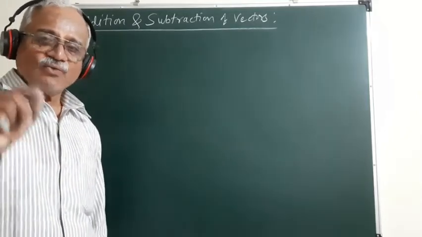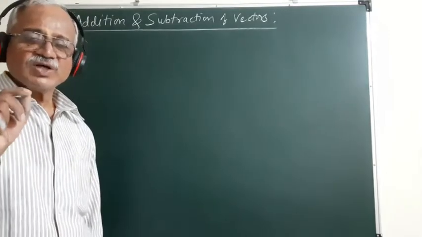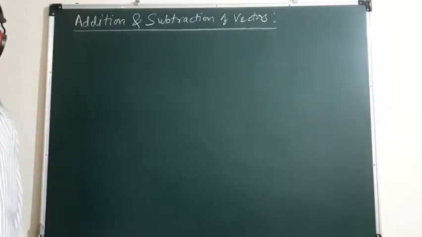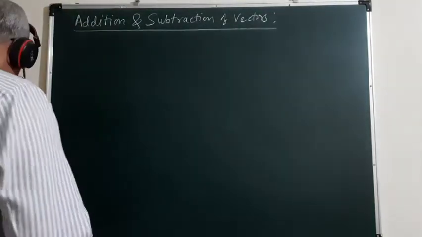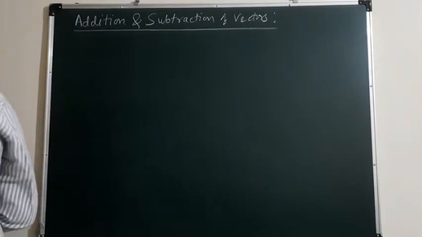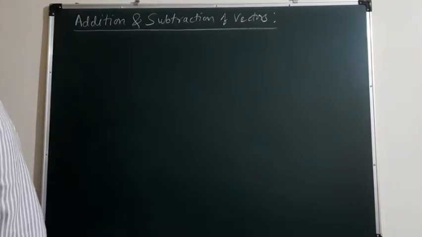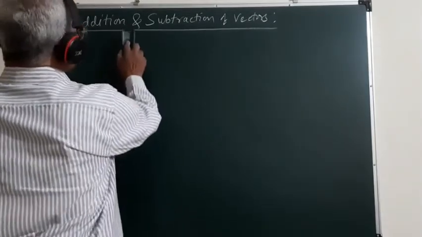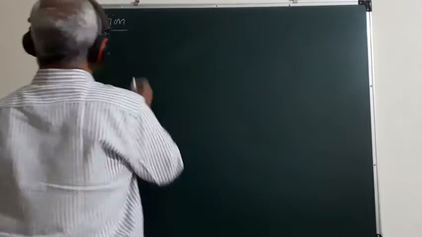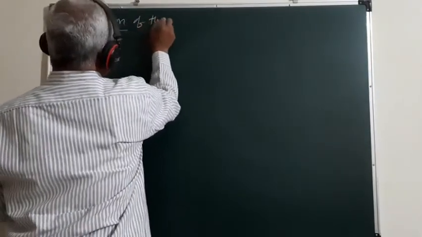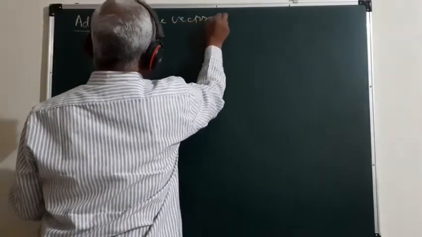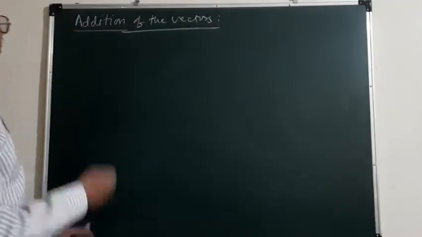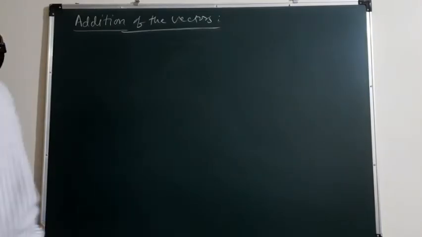This is very important to remember while performing the addition and subtraction of vectors. Here, first we shall discuss the addition of vectors. Let us discuss addition first and then we will go to the subtraction.